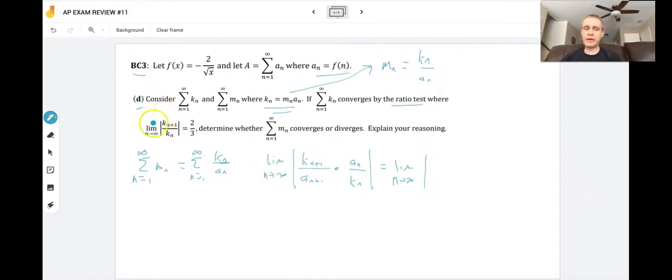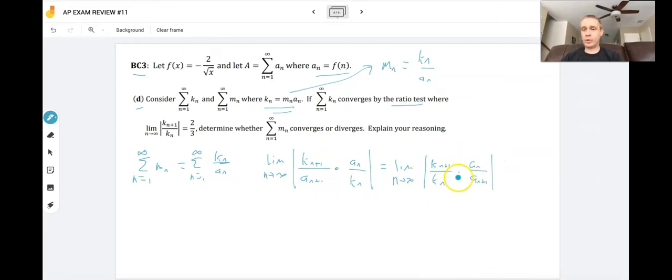And because I know that this ratio's limit as n approaches infinity is equal to 2/3, that's the rearrangement of this expression that I'm going to do here. I'm going to rewrite this as the ratio of k sub n plus 1 over k sub n times the ratio of a sub n over a sub n plus 1.